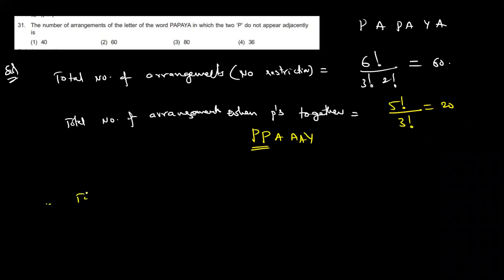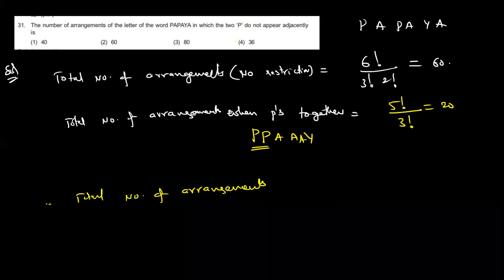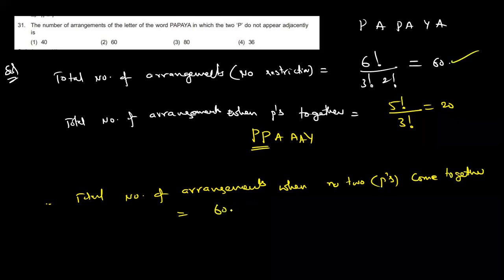Now, the question is when no two P's come together. Total number of arrangements is 60, minus the arrangements where the P's always come together, which is 20.